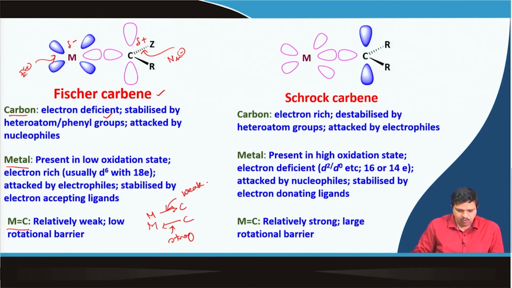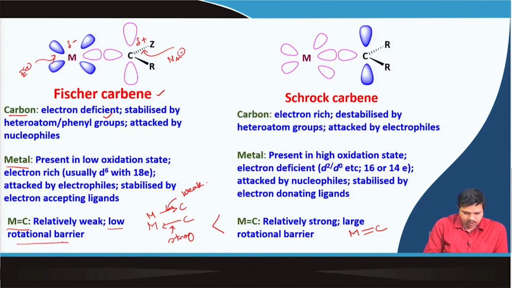Compared to the Schrock carbene, where you have two almost covalent bonds, the metal-carbon bond in Schrock carbene is quite strong compared to the Fischer carbene. As a consequence, a low rotation barrier is observed for the Fischer metal-carbon bond, but in the case of Schrock carbene, it is a large rotational barrier.